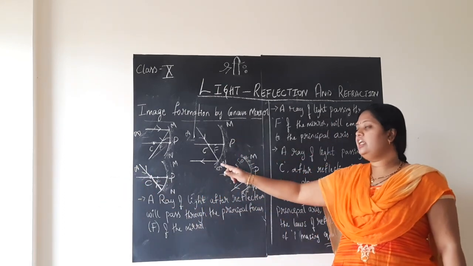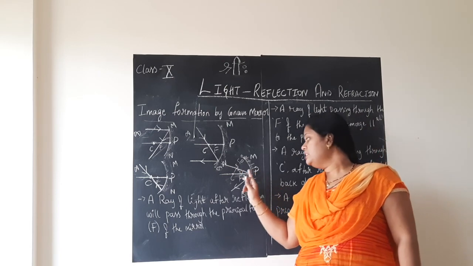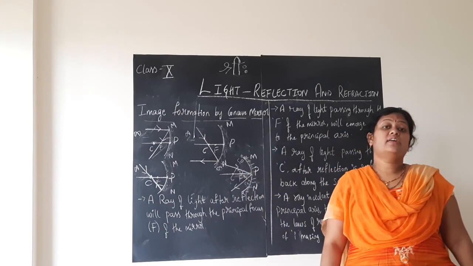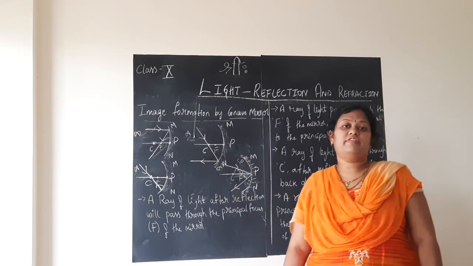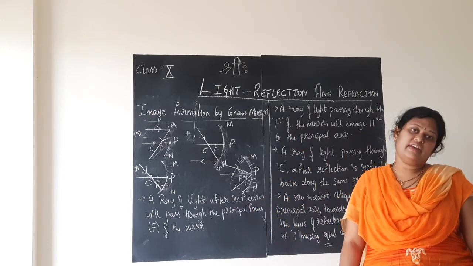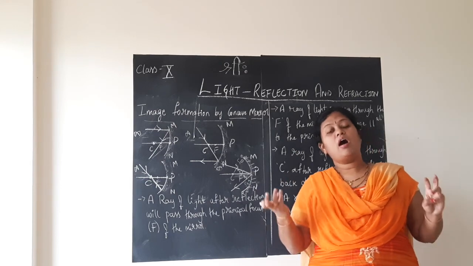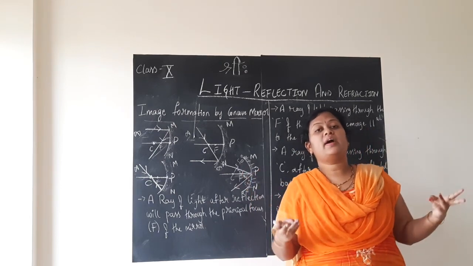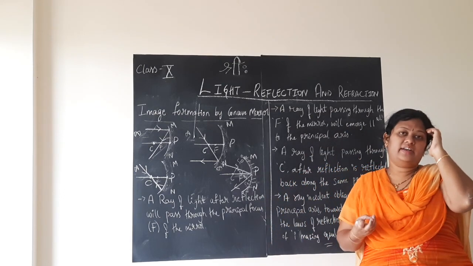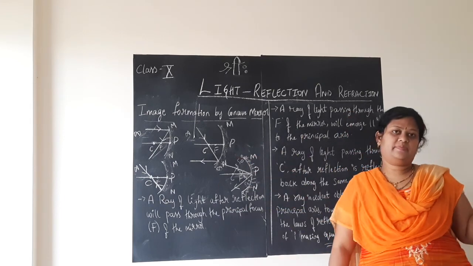If the incident ray is incident at the pole of the mirror at some angle of incidence, then after reflection it reflects obeying the laws of reflection, that is, the angle of incidence is equal to the angle of reflection. So you should know, for whichever ray I draw, how the reflected ray has to pass and through which point it has to pass, and you should have the idea. That idea is learned by these 4 points, children.